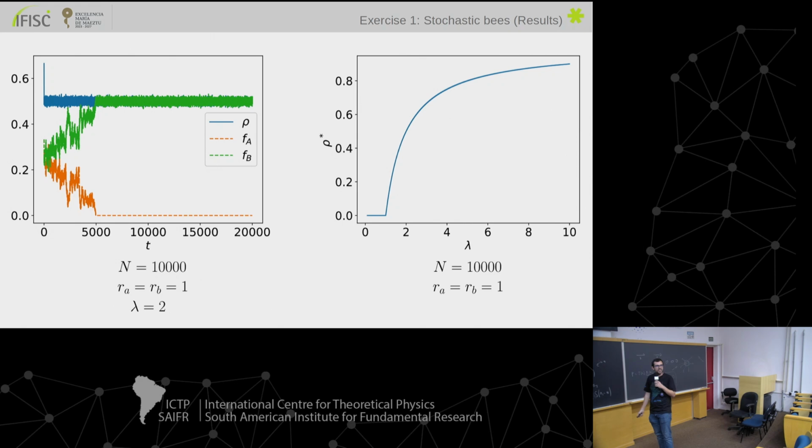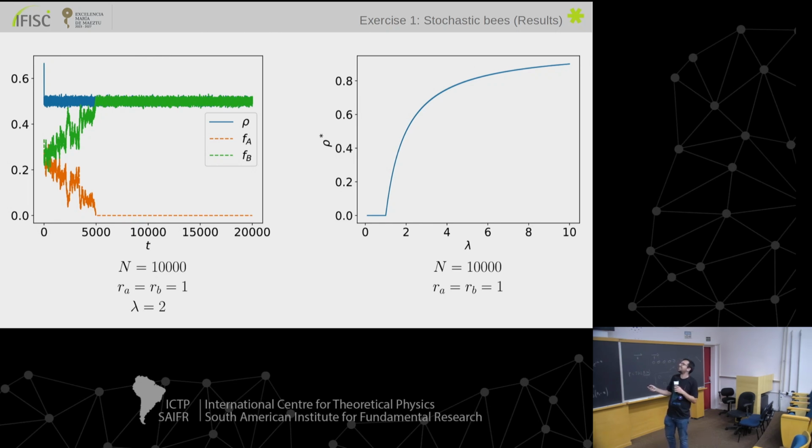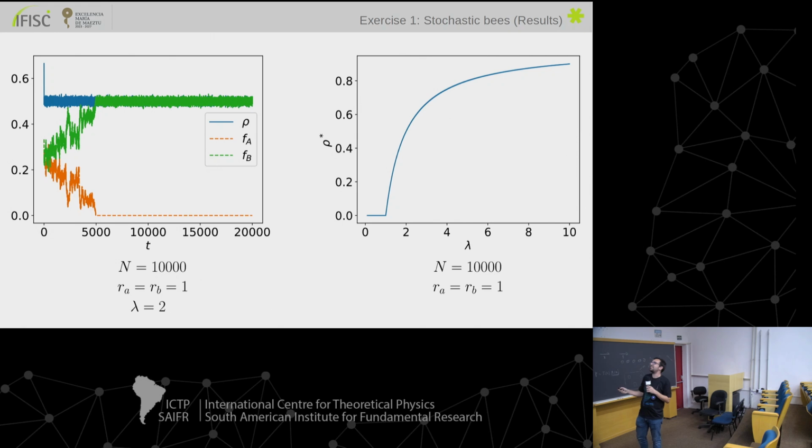I believe. Why do we have these fluctuations once they equilibrate? All the bees are going. Yes, this is a good question. This is because there is still, I am not plotting it here, maybe I should have added it, but there are also some undecided bees. So what is happening here is that some bees that have a strategy are going to an undecided state, and then they are coming back.